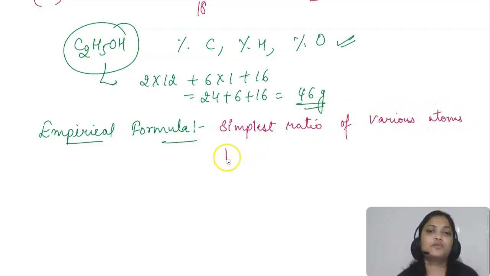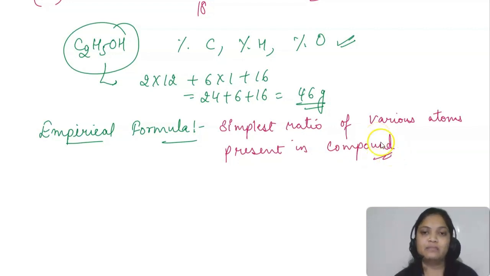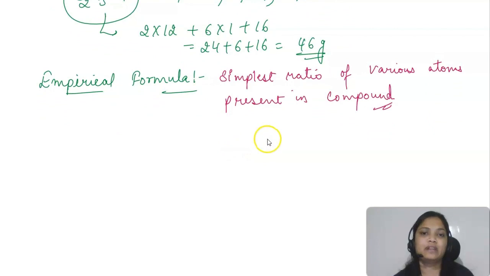Okay, so we have different kinds of atoms, different kinds of elements present in the compound. If I take the simplest whole number ratio of the number of atoms of each type of element in the compound, I will get the empirical formula. Then what is the molecular formula then?